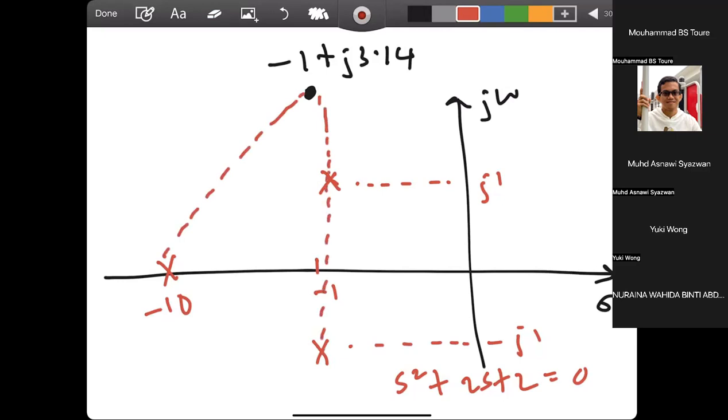Okay, and where is the zero? We locate the zero, let's see over here.